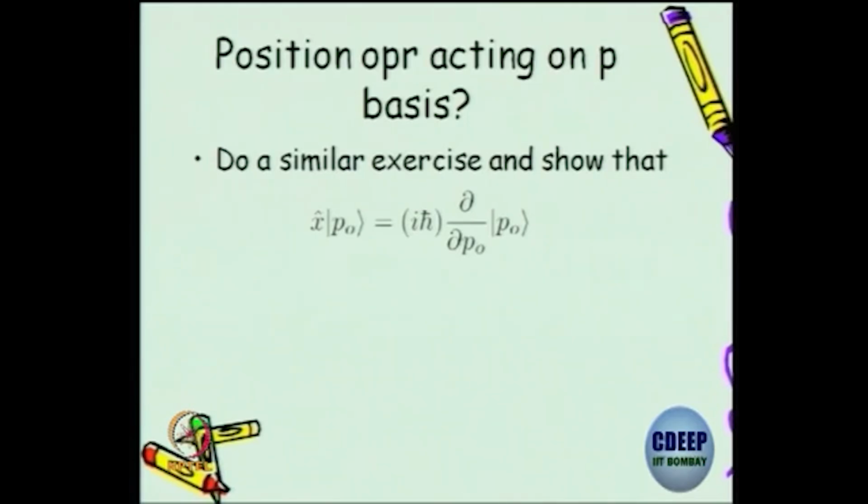So do a similar exercise for the position operator on p0 and verify whether this is satisfied. What I did for the momentum operator, now redo it for the position operator and convince yourself that it is again a differential operator involving the momentum coordinates.